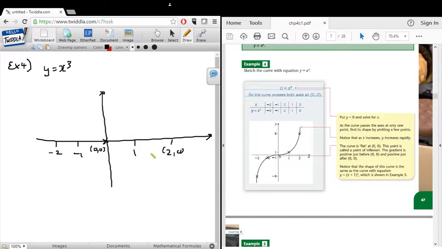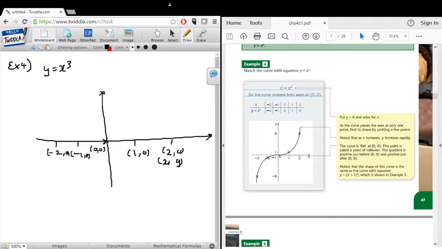Remember, they've done this for short-handedness, but the proper way of writing it out would have been 2 and 0, 1 and 0. This is the x coordinate and the y coordinate, but I'm sure you knew that already.